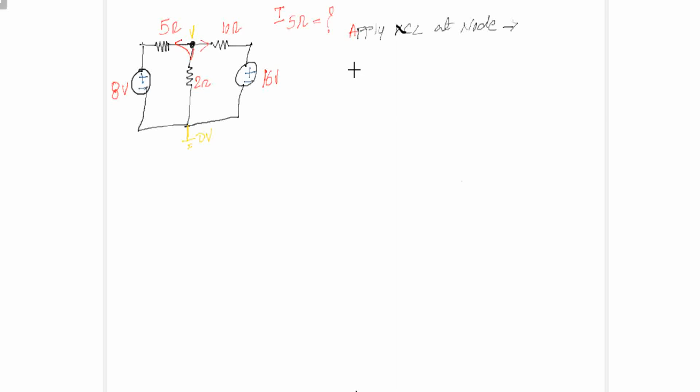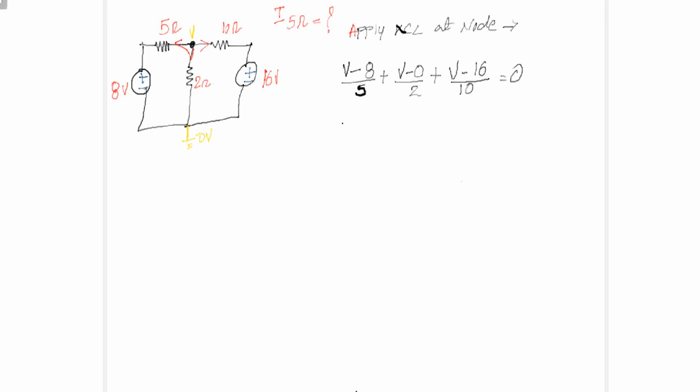By applying the KCL, here you will get (V minus 8) by 5 plus (V minus 0) by 2, because it is 0 potential, plus (V minus 16) by 10 equal to 0.